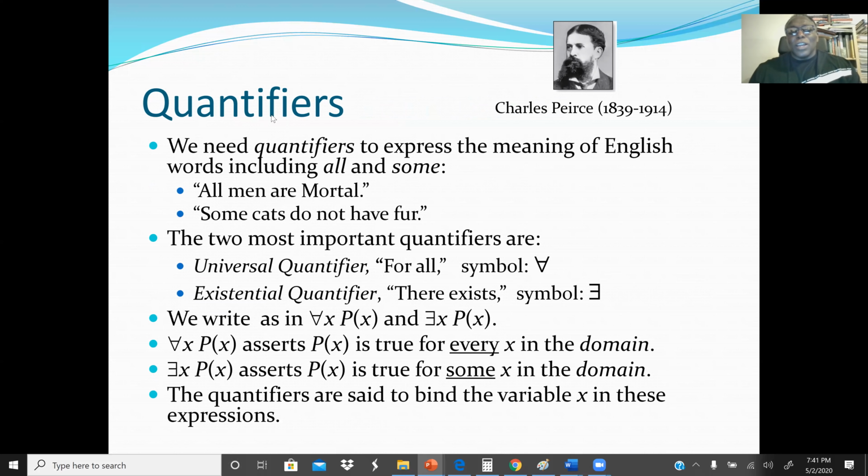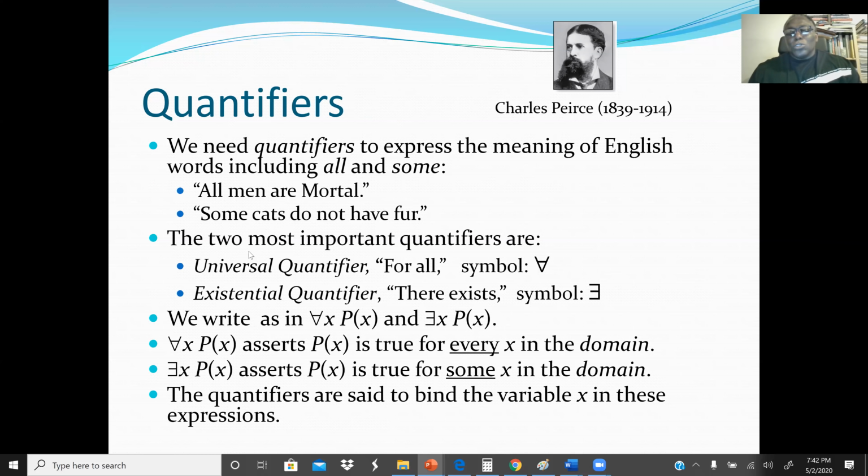So what are quantifiers? We need quantifiers to express the meaning of English words, because sometimes we may have all or some. For example: all men are mortal, some cats do not have fur. And those are the two we are going to use.